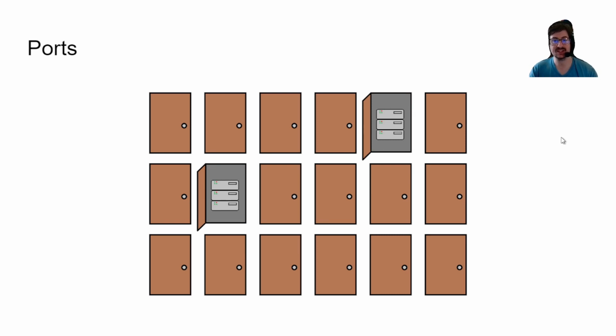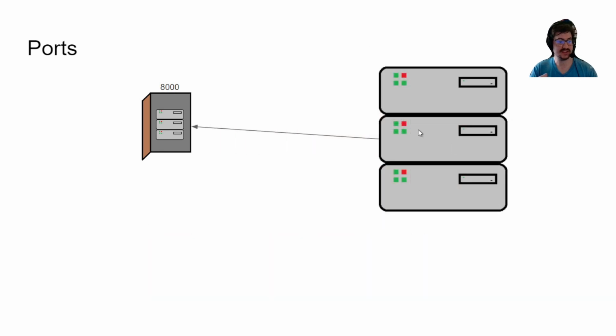So if we tell our Express server to listen at port 8000, it's going to go to our computer and ask it to open that door so that other processes and messages can communicate with it. So it's listening right now. And then if we have some other process that wants to talk to it, that process knows it's listening at port 8000.